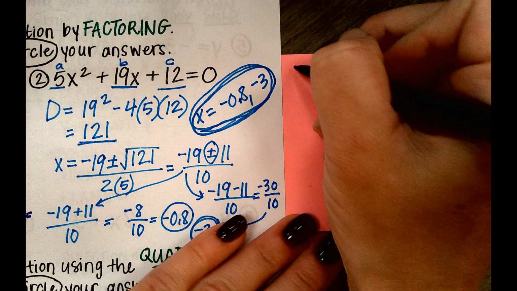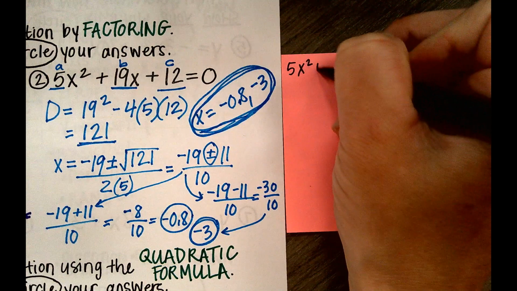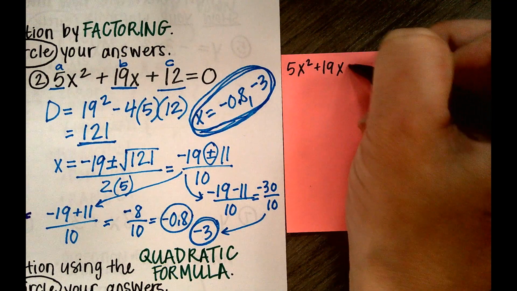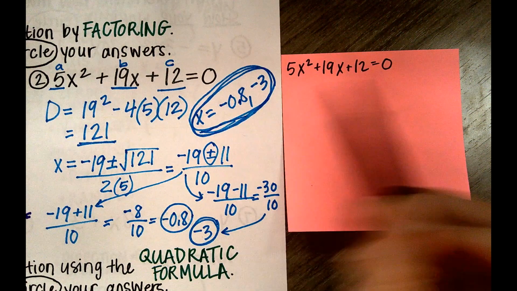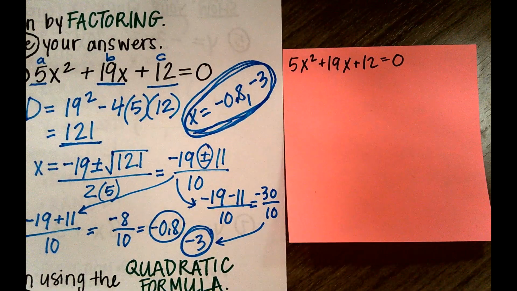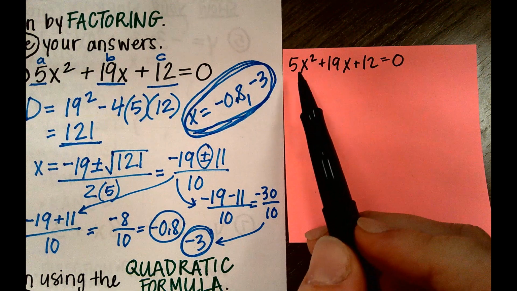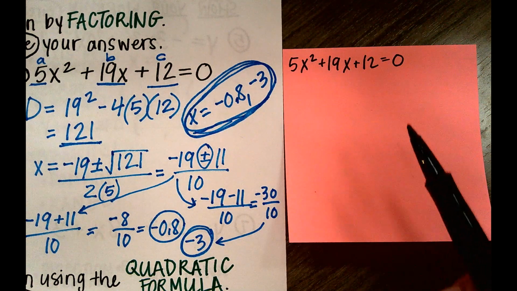So, 5x squared plus 19x plus 12 equals 0. Now, the factoring of this one, because our a is 5, it's not 1 like in the other one, makes it a little harder.